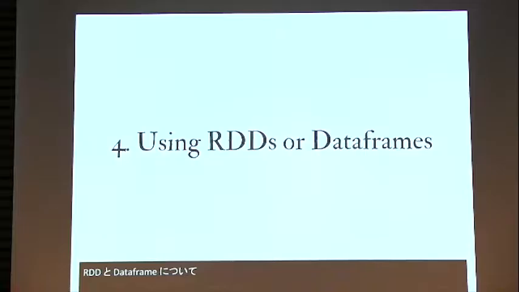From a macroscopic point of view, the difference between RDD and DataFrame is the same as between Hadoop MapReduce and Hive. Would you still use MapReduce when Hive is available and stable? We will take a look at that.